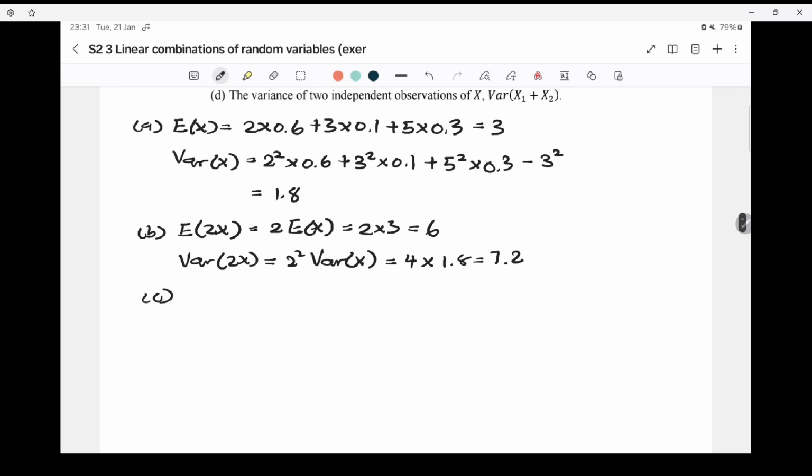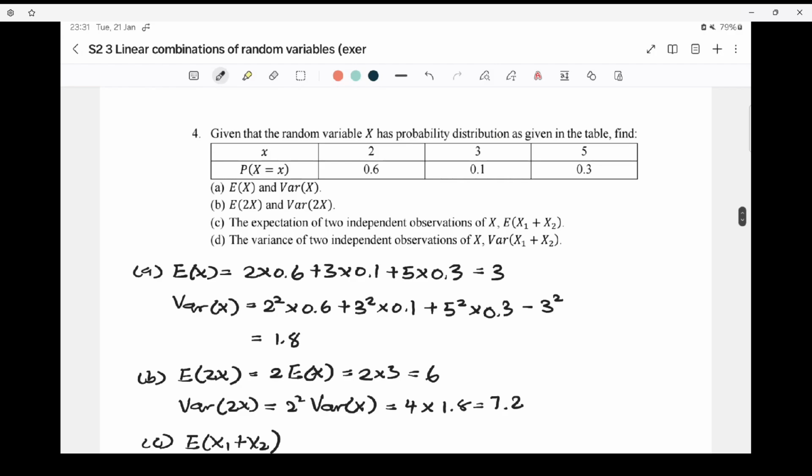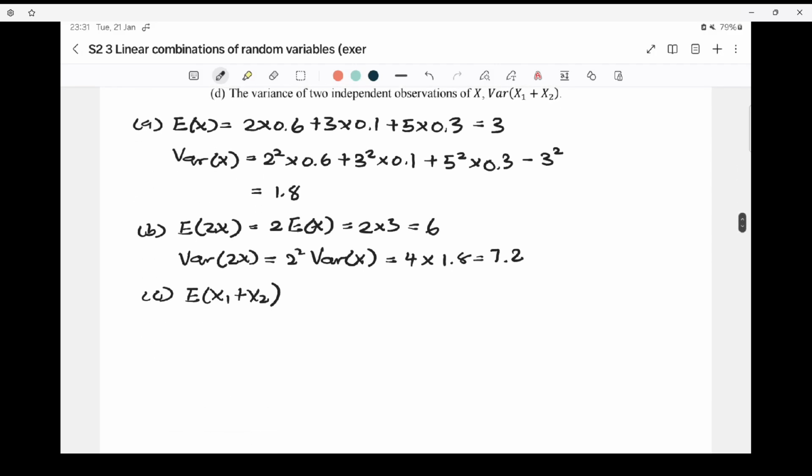So part C, find E(x1 plus x2), whereby x1 and x2 are basically two different variables that have the probability distribution given by the table. So this will be given by E(x1) plus E(x2).